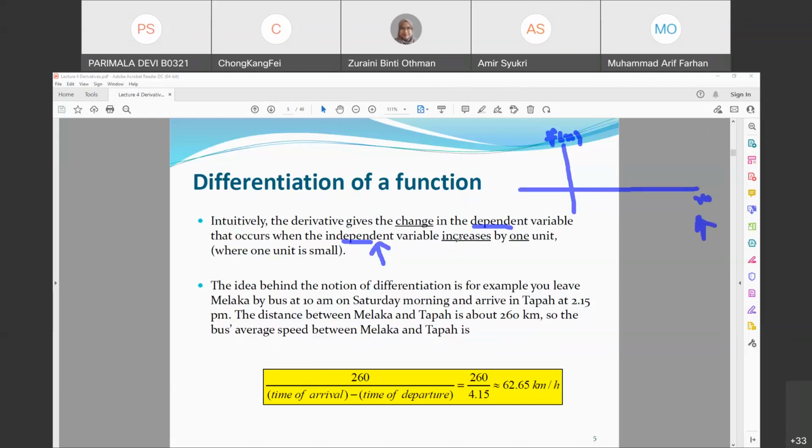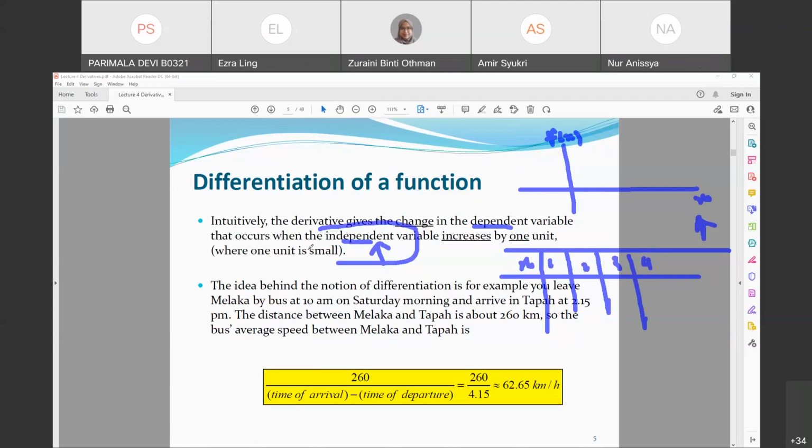Okay, correct, Ezra. x is independent because if we have the table, we put the scalar 1, 2, 3, 4, for example, it does not depend on any value, so it is independent.